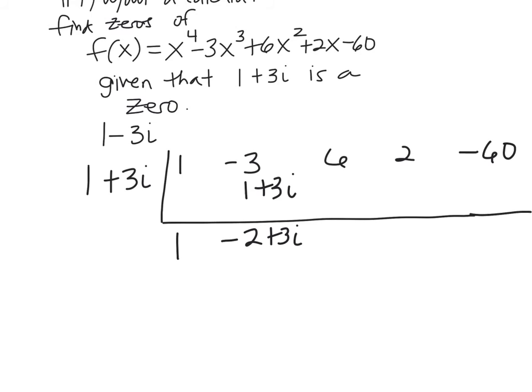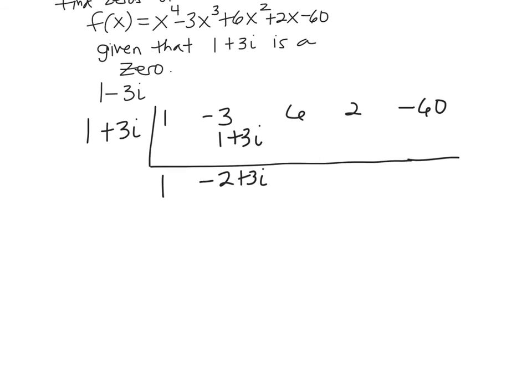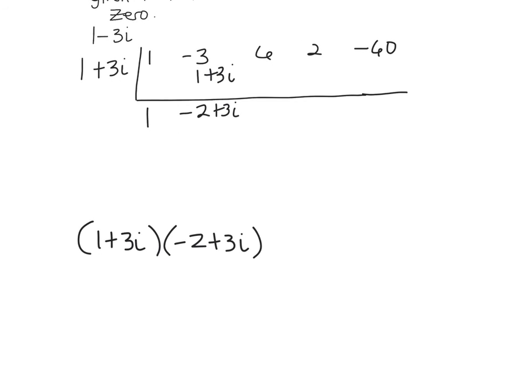Now here's where the groans happen, because you realize you're going to have to FOIL. So I'm going to go over here, and I'm going to take 1 plus 3i and FOIL it with negative 2 plus 3i. Yes, and that's where you're like, ugh, right? Totally. All right, negative 2. Outside gives me 3i, and inside gives me negative 6i.